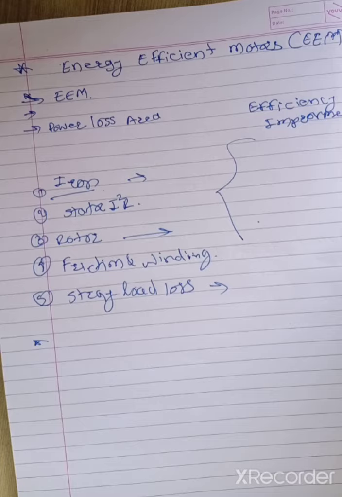To discuss this portion, energy efficient motor, then we have to discuss some loop sensor setup. So there are three types of loop sensor setup.